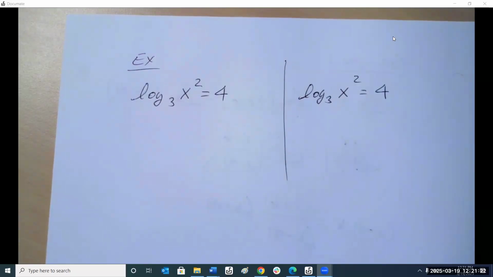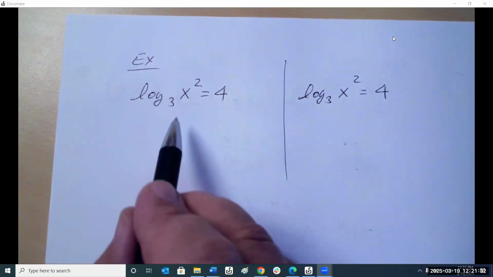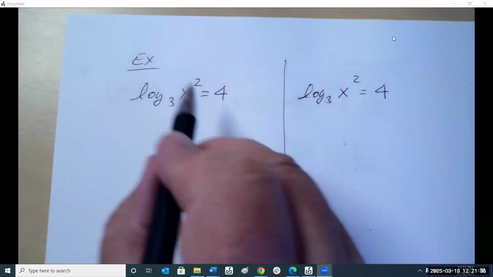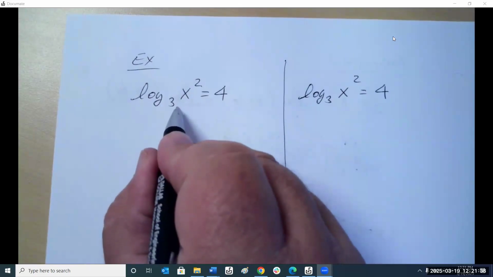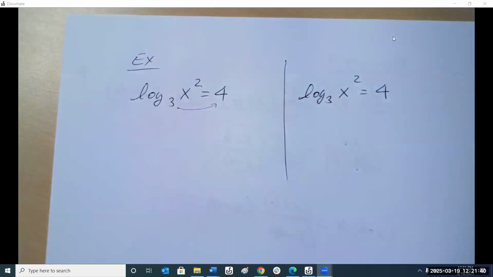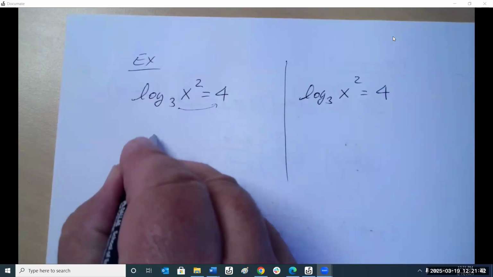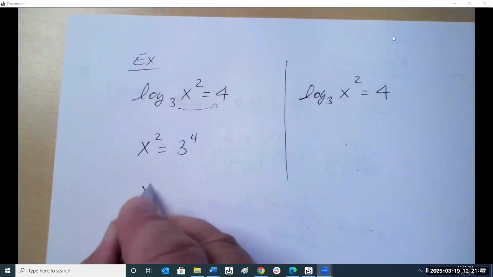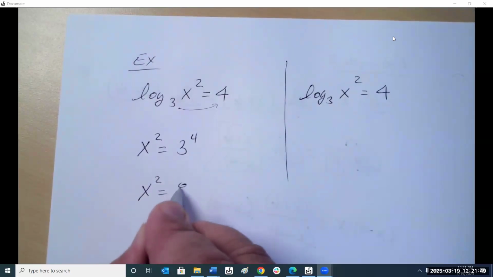The other way is going to give an answer that has to be the answer. So this first one, if we just take this one and move that over, we get x squared is equal to 3 to the 4th, which is x squared is equal to 81.